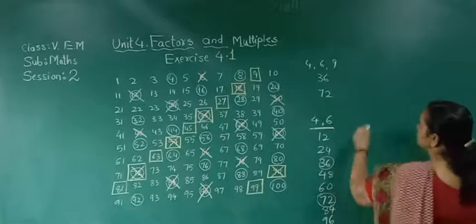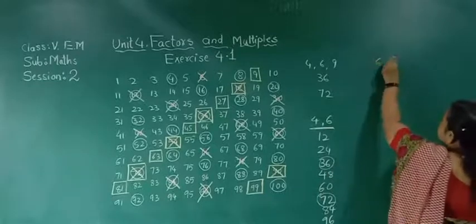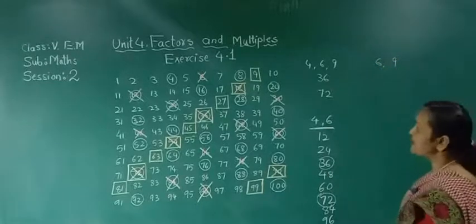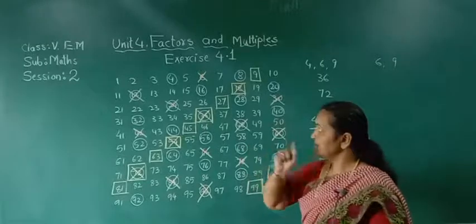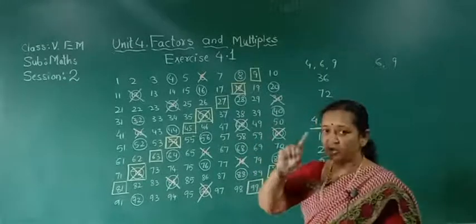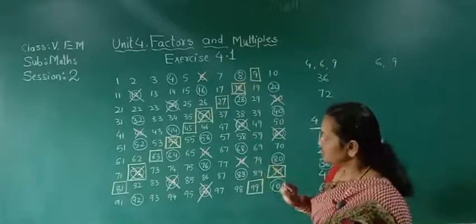Then what about 6 and 9? So 6 and 9 means you should get a cross and you should get a box, isn't it?